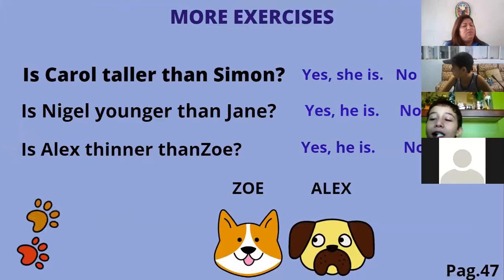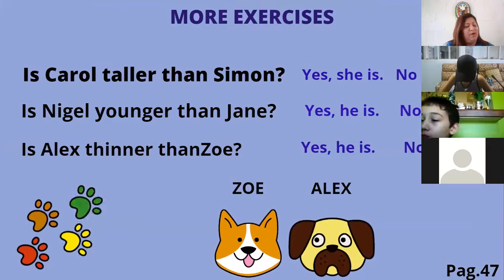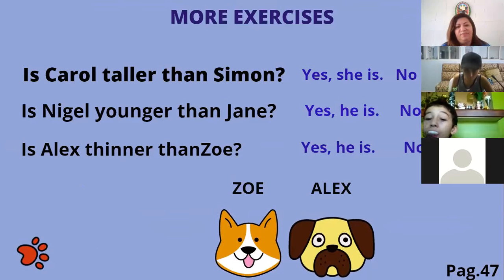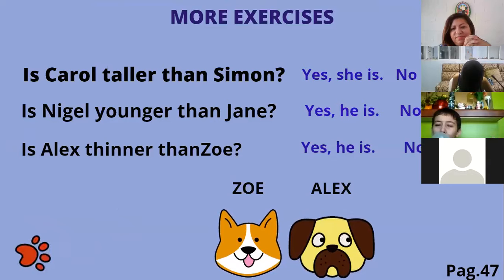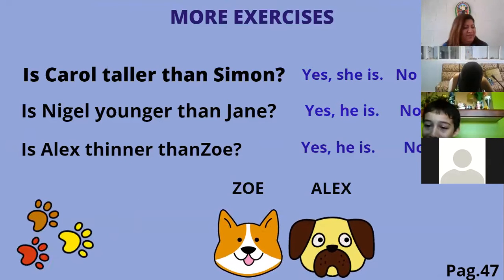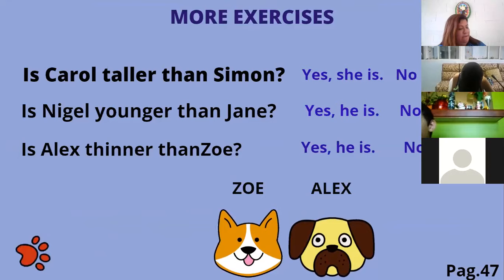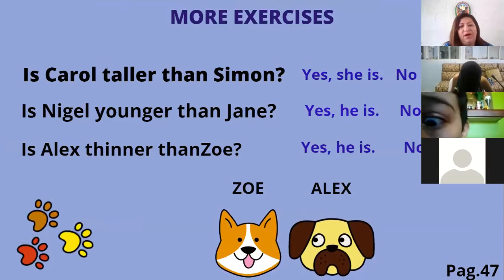Okay, let's go to page 47. Here we are on page 47. Please turn your page on page 47. We have more exercises. So let's see. We have our pictures at the top.